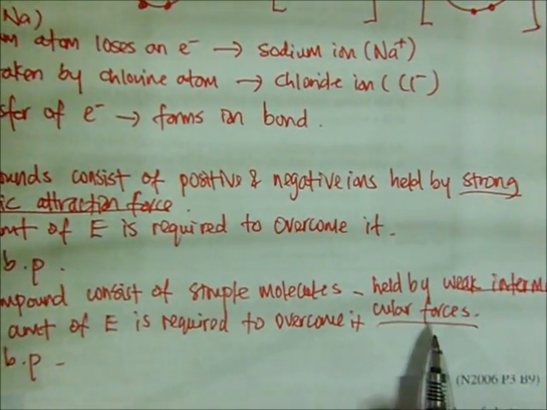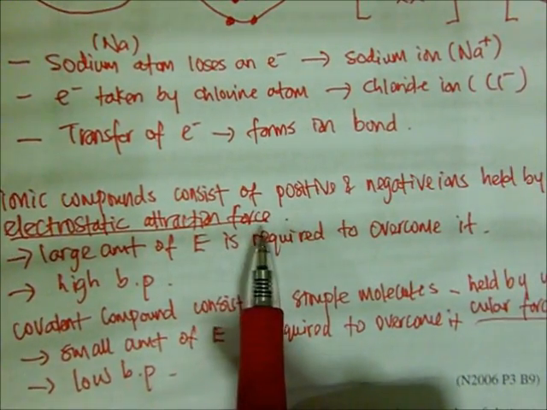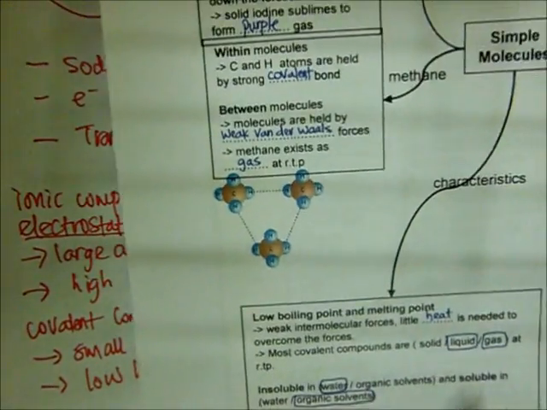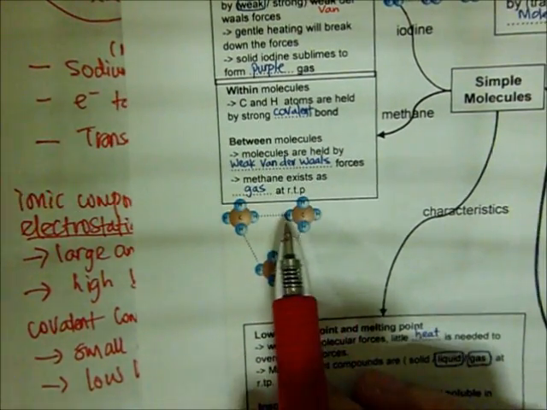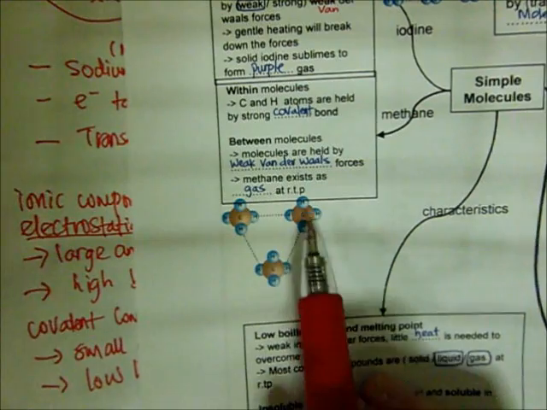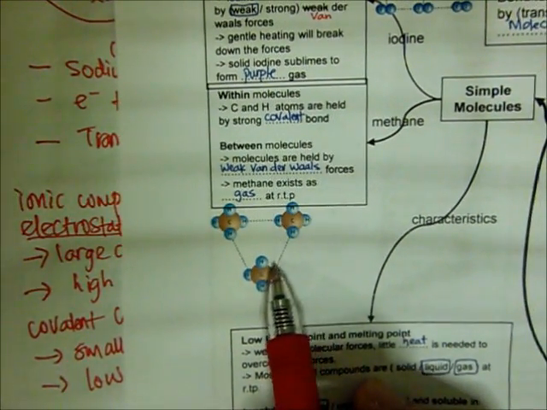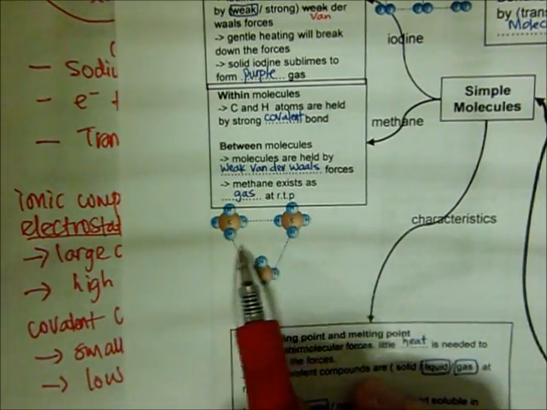Weak intermolecular forces is for covalent compound. Strong electrostatic attraction force is for ionic compound. Now one thing to take note of is that for the covalent compound, the intermolecular forces are very weak. In between the molecules, like this dotted line. This dotted line basically depicts the intermolecular forces, and it is very, very weak.